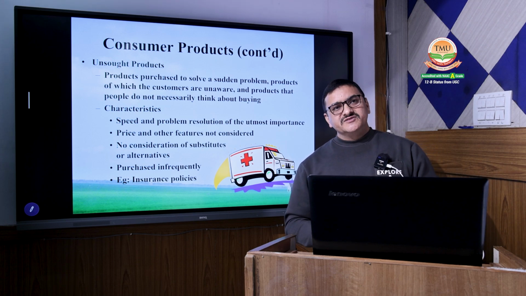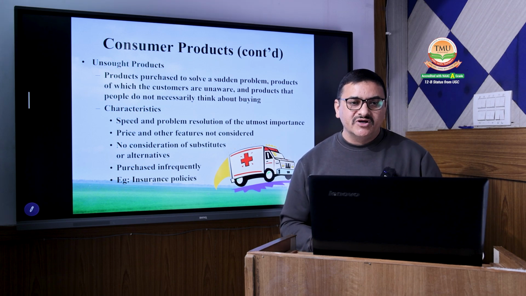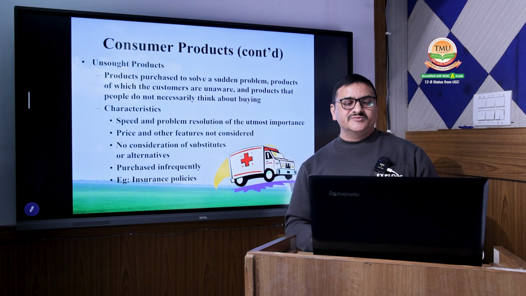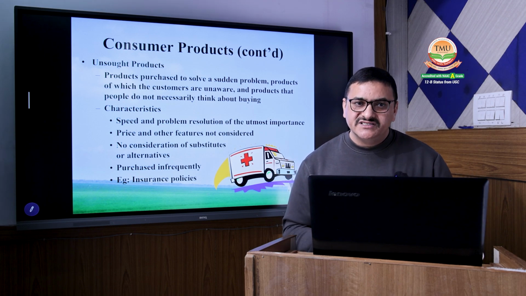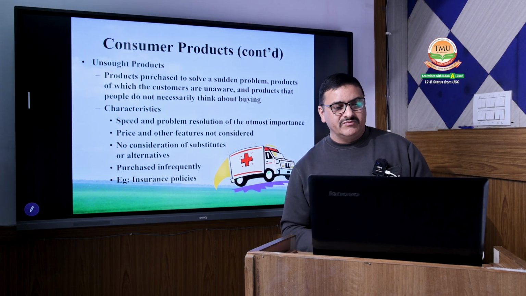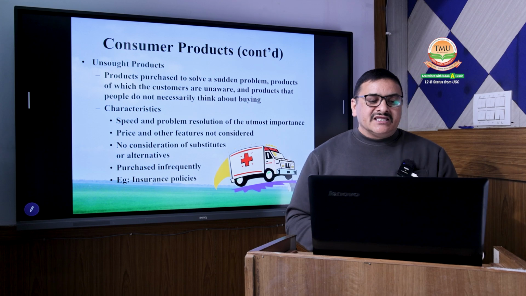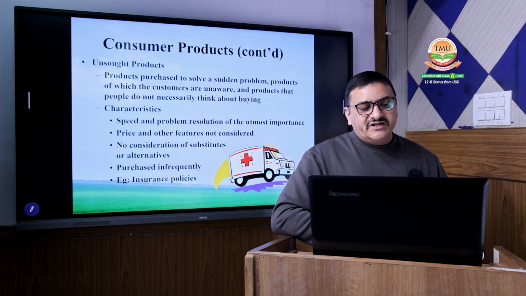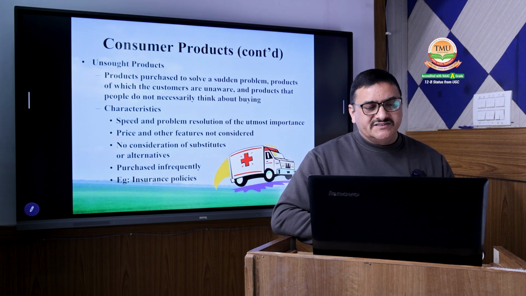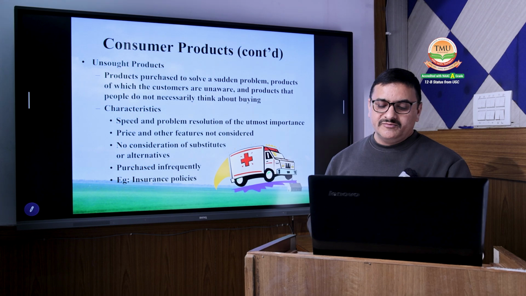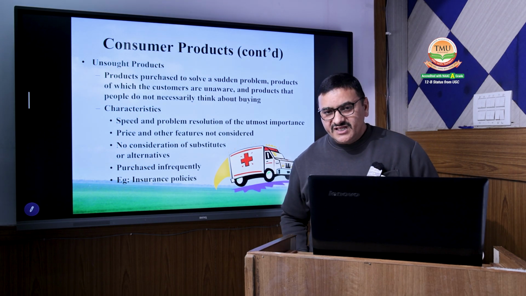Similarly, if a customer doesn't have a health insurance policy and at a point requires one, then they have to purchase it. There is no other alternative available to him. Such products are again purchased infrequently. For example, all types of insurance policies, as I told you in the example, come under the unsought product categories.